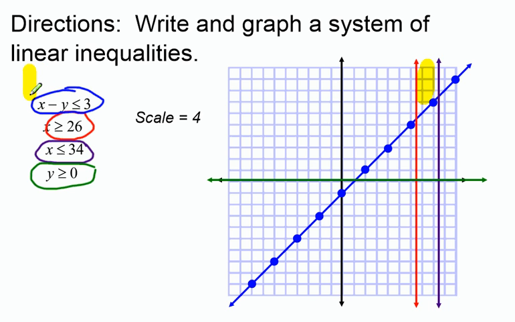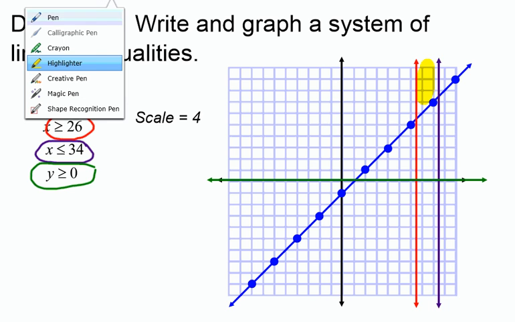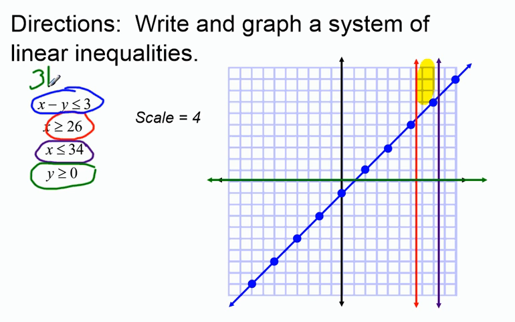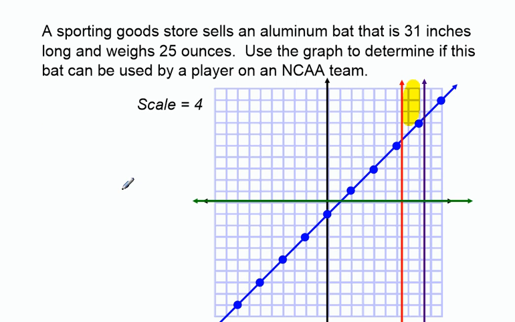Let's use a real pen. 31 minus 25. Well, that's going to be 6. 6 is less than or equal to 3. That is not true. So this is very definitely not going to be in the shaded region. So this is no. All right. Well, hopefully you've learned a little bit of something today.